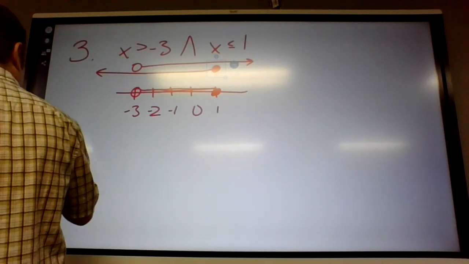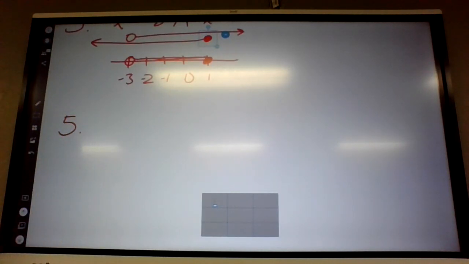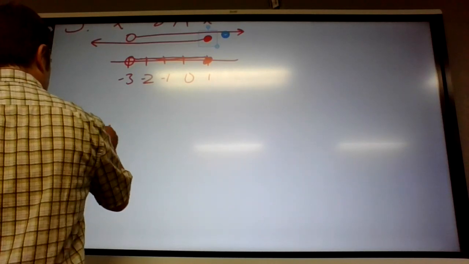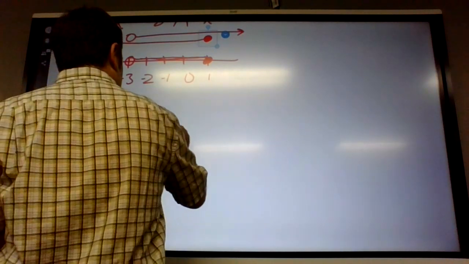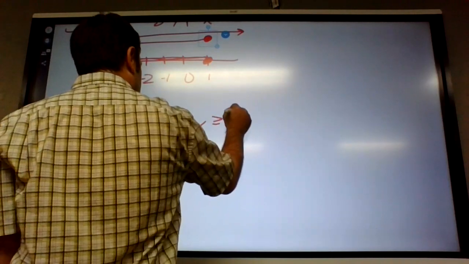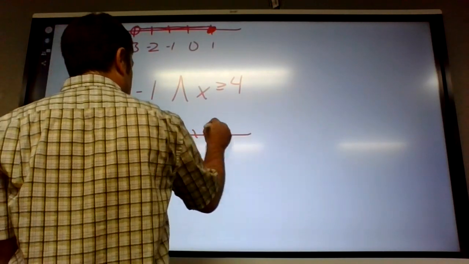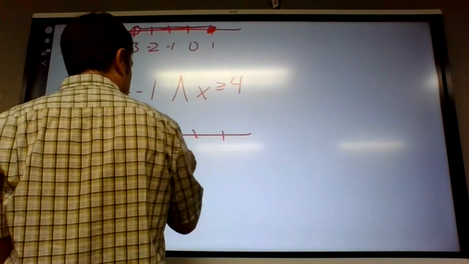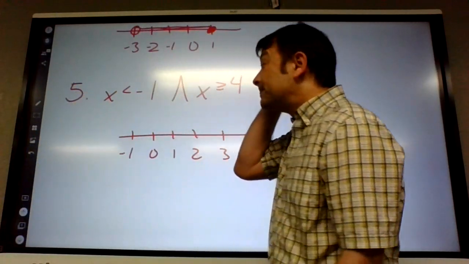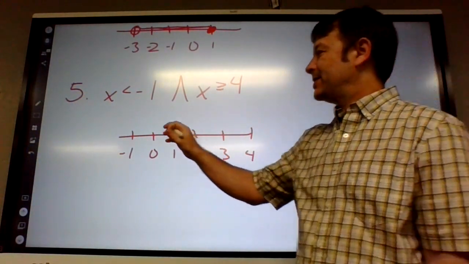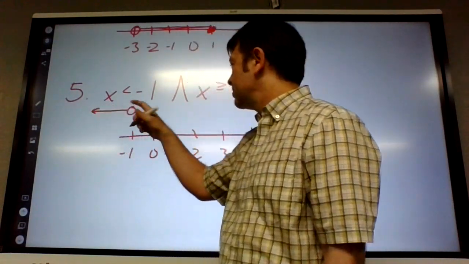Okay, one more of the graphing problems. Of the odds, I mean, x is less than negative 1, and x is greater than or equal to 4. So x is less than negative 1, so it's going that way.